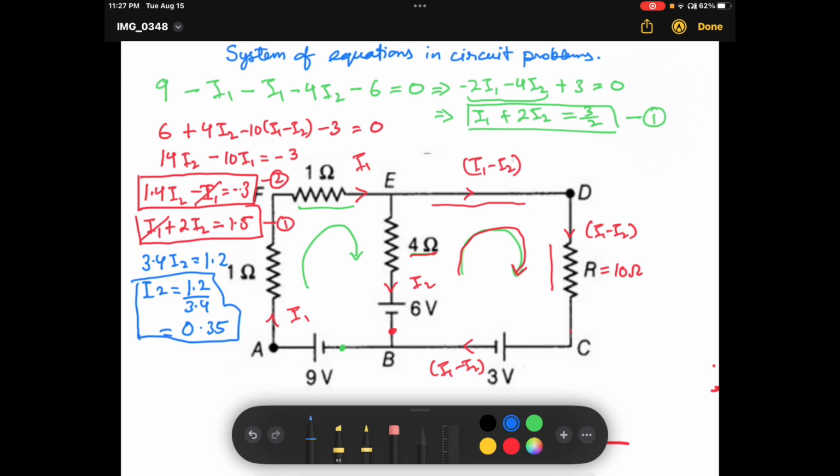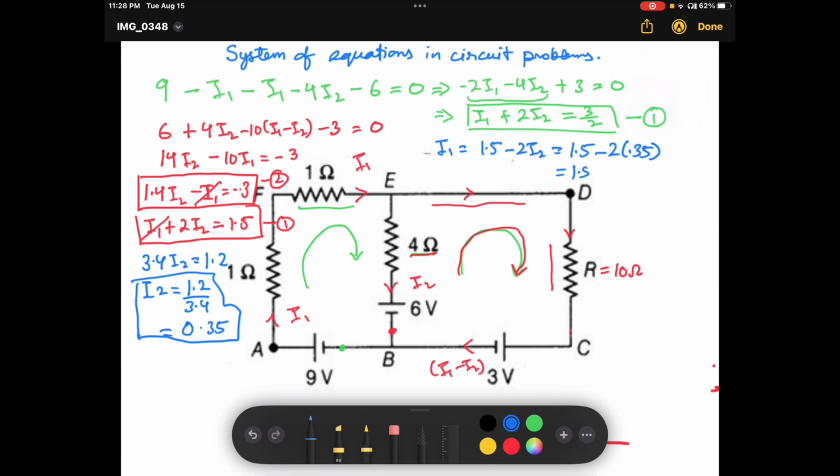And then the question is, how much is I1? So that we can obtain by using any one of these equations. Use equation number 1 to calculate I1. So I1 in terms of I2 is 1.5 minus 2I2. So 1.5 minus 2 times 0.35, which is the value of I2.